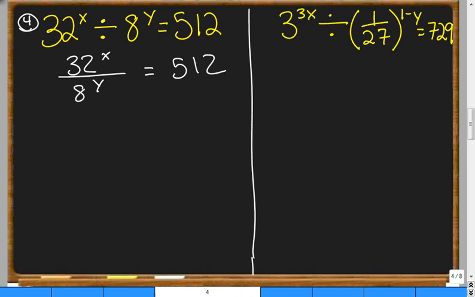I need every term to be in terms of 2 in this case, because 2 is going to be the base for all of these numbers.